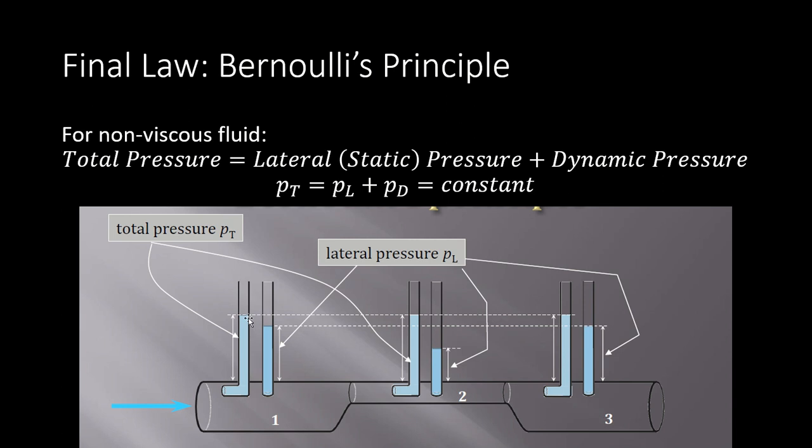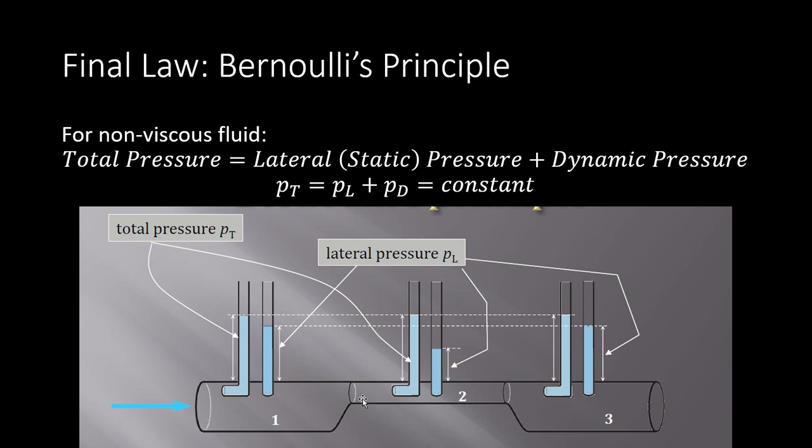However, since the total pressure must be constant for non-viscous fluids flowing through these vessels, as the lateral pressure needs to either increase or decrease, the dynamic pressure will have to change as well. Therefore, when we have larger lateral pressure, we'll need less dynamic pressure pushing the blood through that vessel.